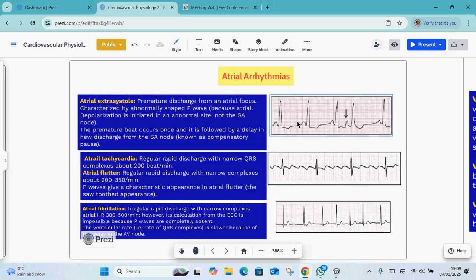So you have premature discharge. You have an atrial focus producing excessive discharge. This is called extrasystole because the P wave is deformed, abnormal. So when you find an abnormal P wave, this is called atrial extrasystole. It's a type of atrial arrhythmia.